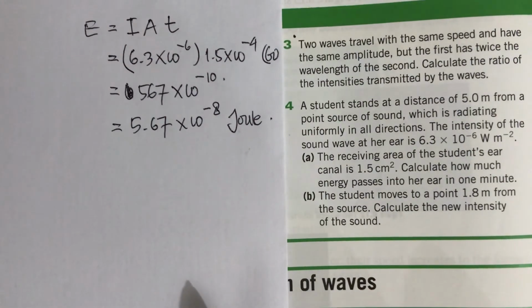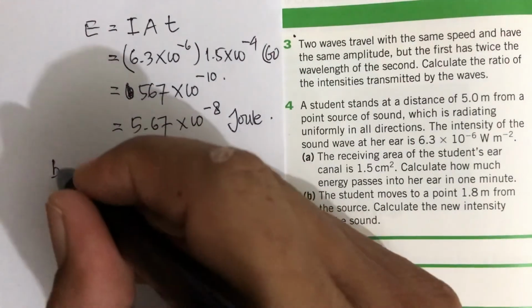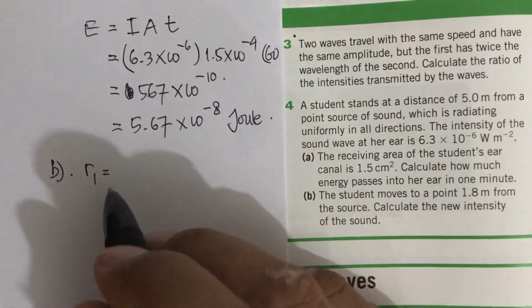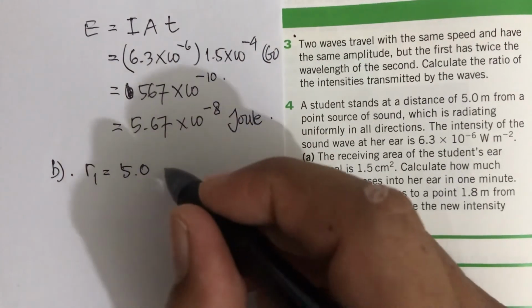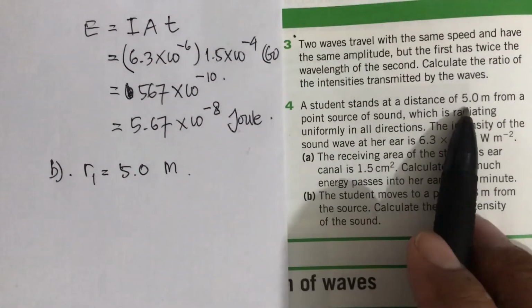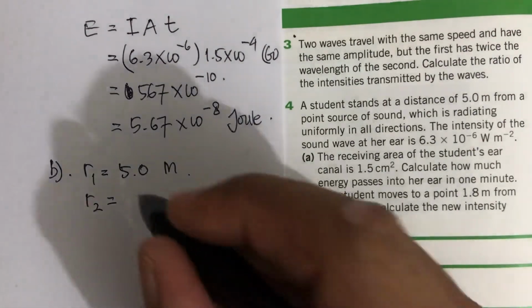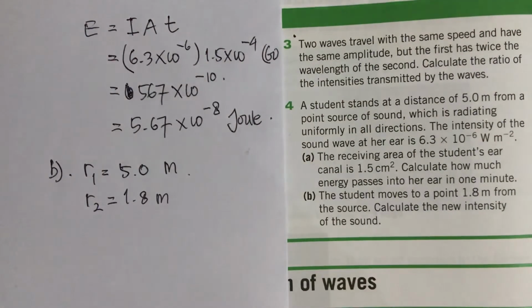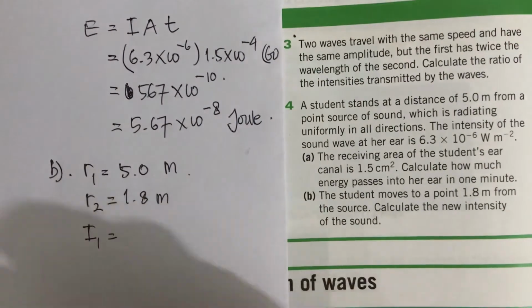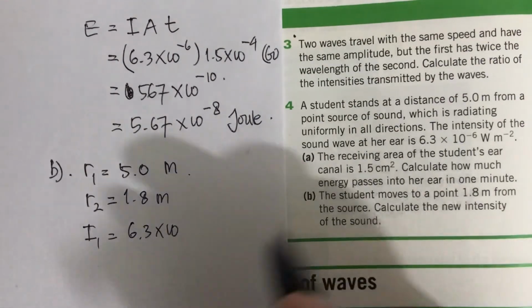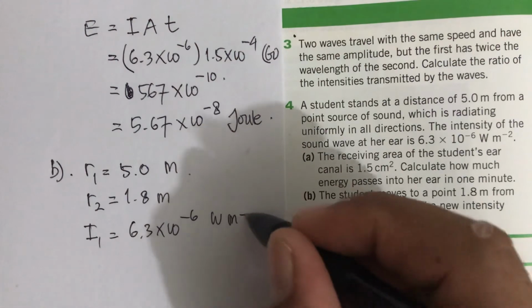I have two positions. The first position of the student is 5.0 meter, and the second is 1.8 meter. The intensity at point 1 is 6.3 times 10 to the minus 6 watt per meter squared.